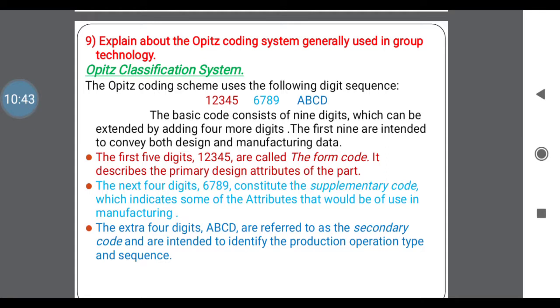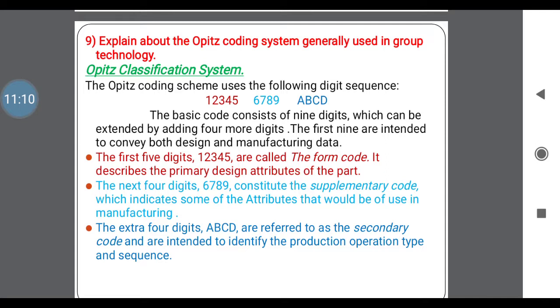Next is ABCD. The first 5 digits, 1 to 5, are called the form code that indicates the form of your products. The next 4 digits, 6 7 8 9, are called the supplementary code that indicates the attributes of manufacturing. The last 4 digits, the alphabets ABCD, are called the secondary code.